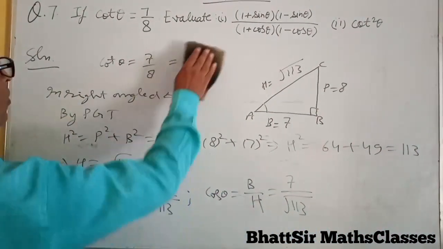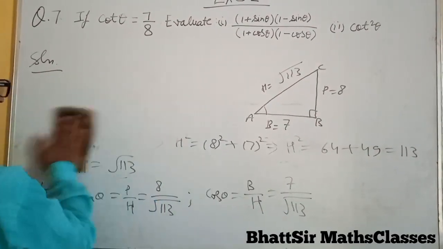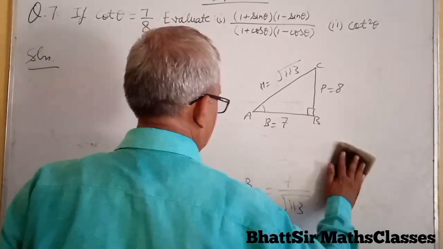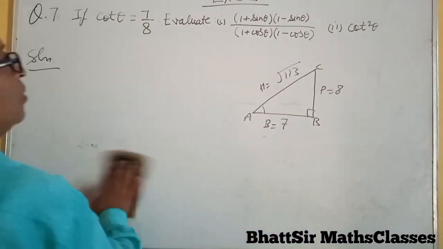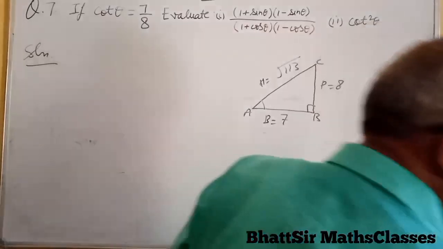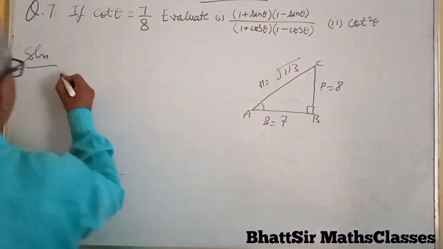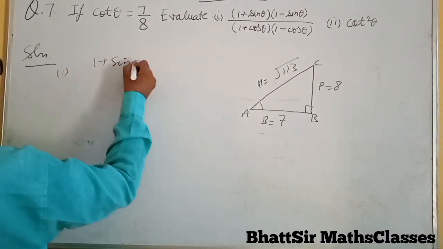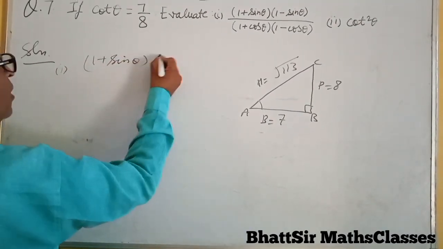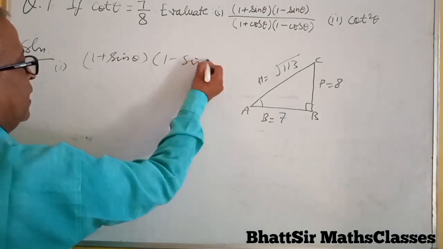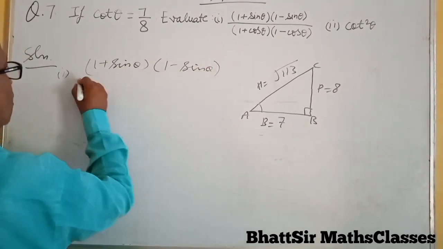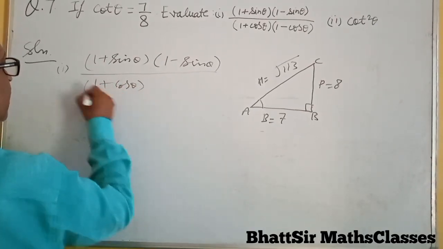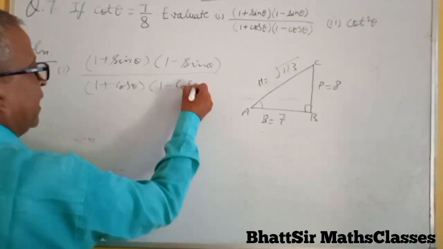Now I am taking the first part: 1 plus sin theta times 1 minus sin theta, over 1 plus cos theta times 1 minus cos theta.